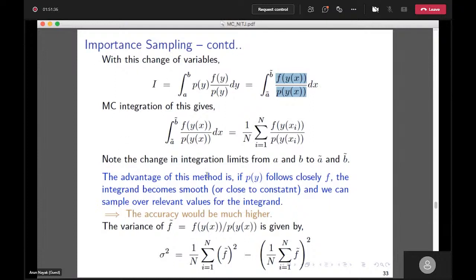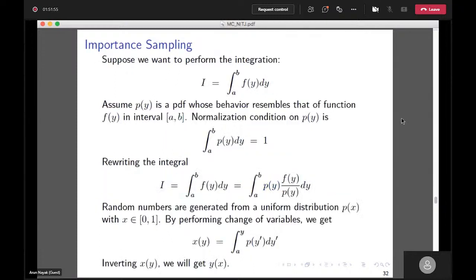Sorry to interrupt, sir, but in the first equation, where is the p of y absorbed? So p of y dy is p of x dx, right? If we do variable transformation, x is a uniformly distributed random number, so p of x is 1.